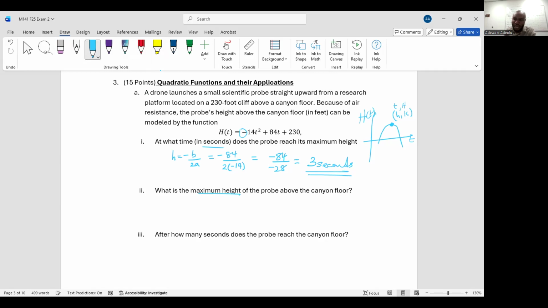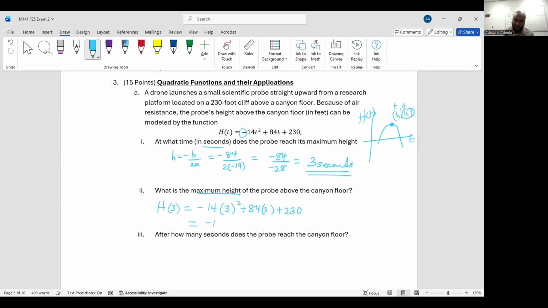What is the maximum height? Again, we are looking for K9, H, maximum height. So we need to find H of 3, which is negative 14 times 3 squared plus 84 times 3 plus 230.